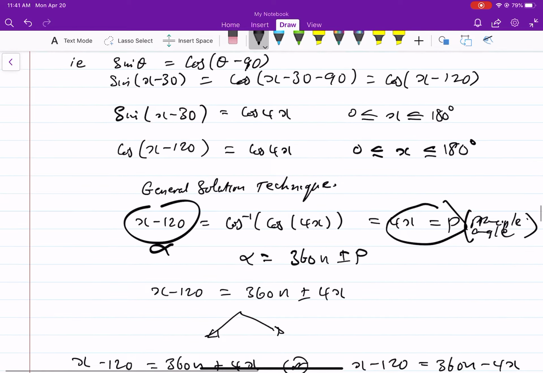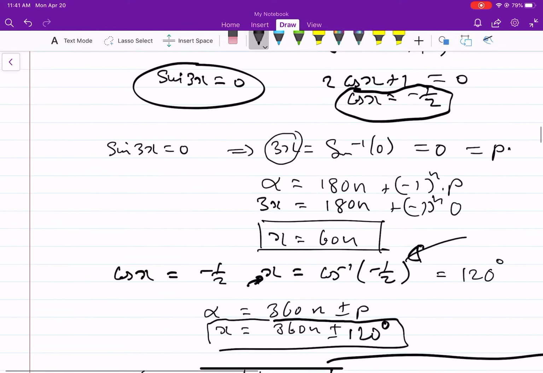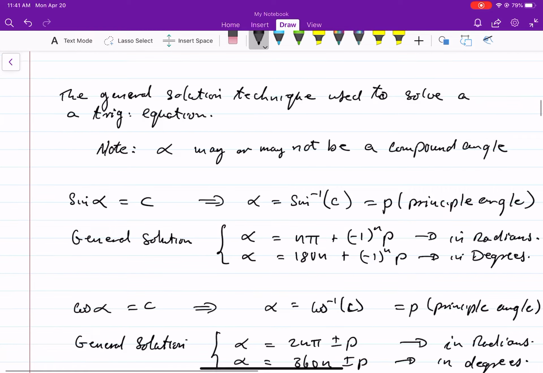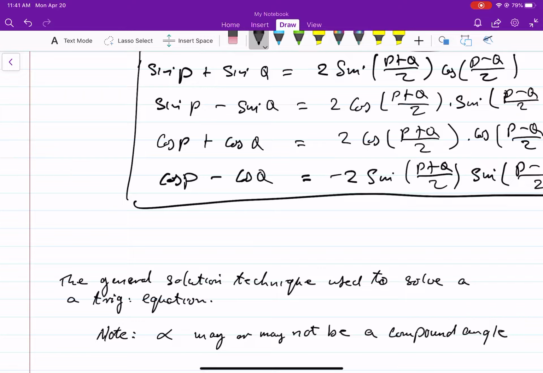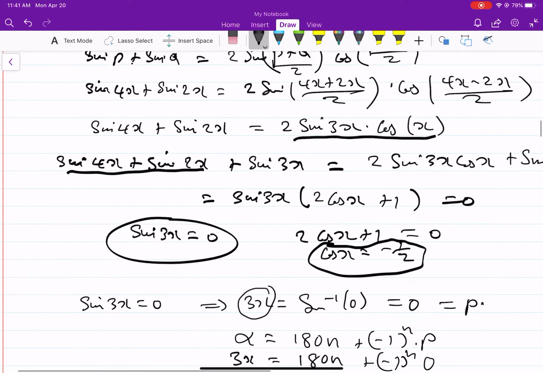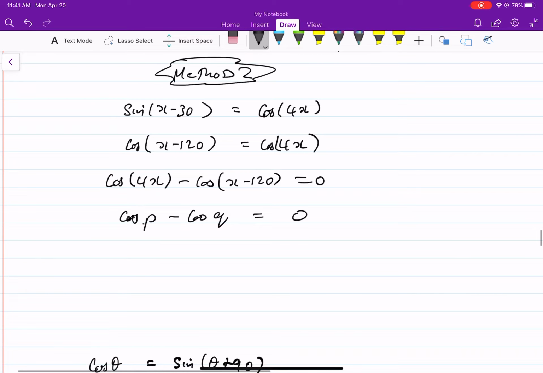It's back here somewhere. I derived it all before. Right there. Cos p minus cos q is equal to minus 2 times sine of p plus q over 2 times sine of p minus q over 2.